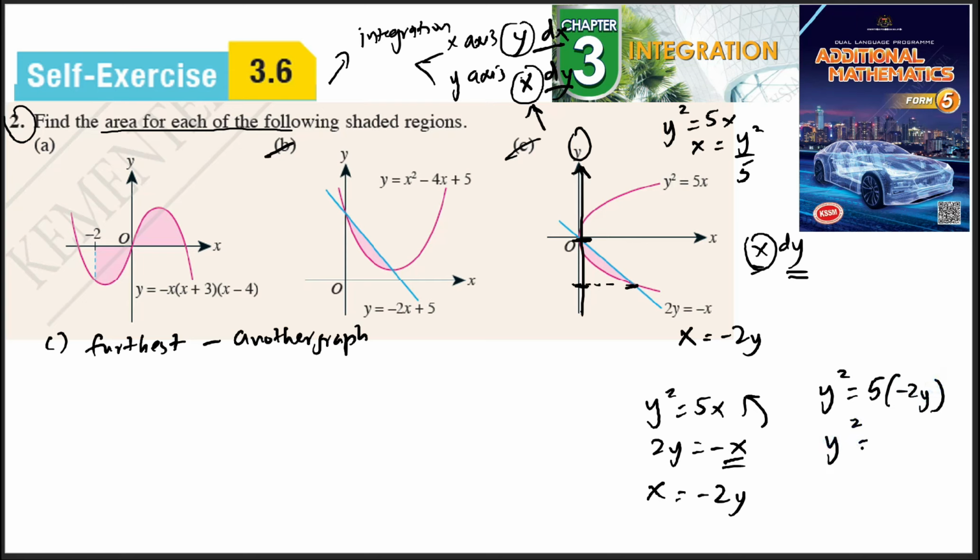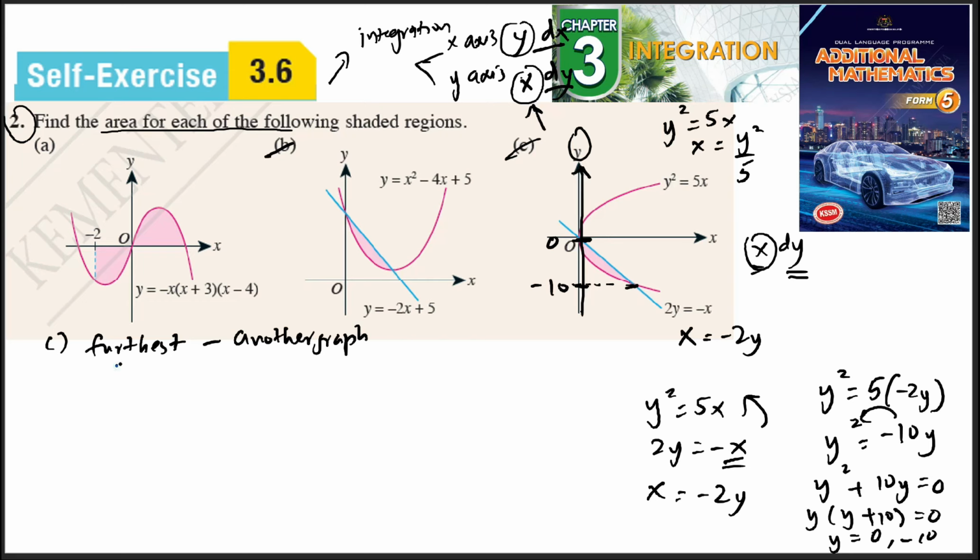So y square is equal to negative 10y. Right, so y square plus 10y is equal to 0, so y plus 10 is equal to 0, hmm, y times y plus 10. So y is equal to 0 and negative 10. So we know 0 is here and this one is negative 10. This is the intersection between these two graphs.